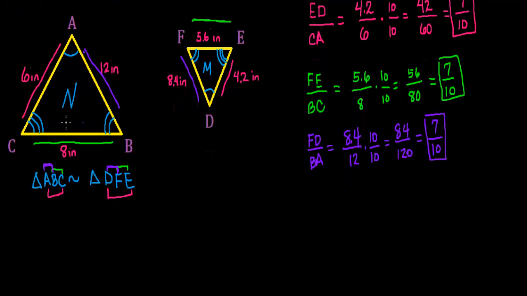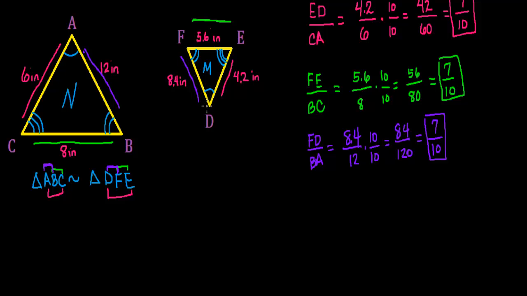Instead of creating a similarity statement, you can just look at the sides and the angles that they share. So for example, this side here, side AB, they share angle A and angle B.